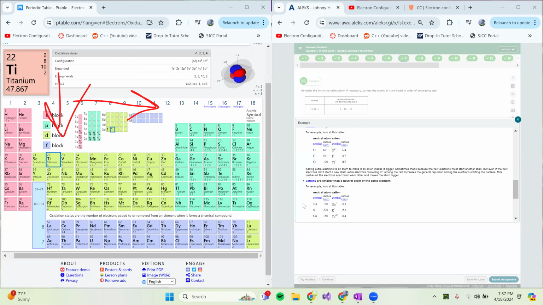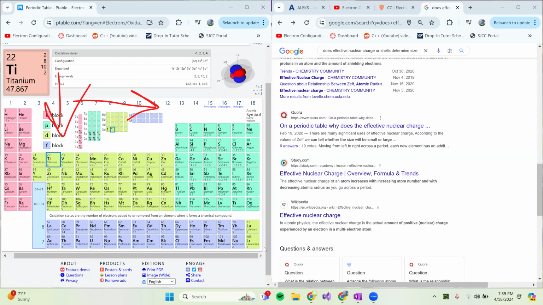Also, anions: you're adding an electron, so that makes it bigger. Cations: you're taking away, so you're making it smaller. You can also know that as you go down the periodic table, there are more electrons in the lower shells, which block the outer valence electrons, allowing them to get further away from the nucleus, which allows them to be bigger.